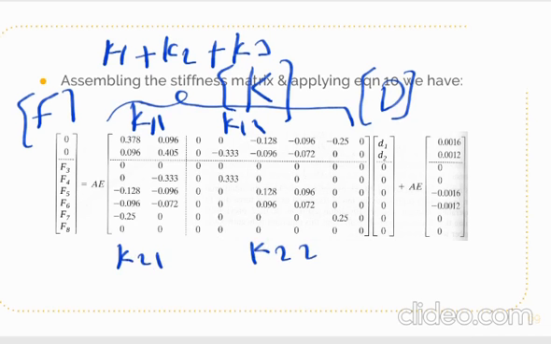Because we have 2 known forces, we need to find D1 and D2, because they are unknown values. You can go to the previous video to see how we collect and multiply all the matrices.